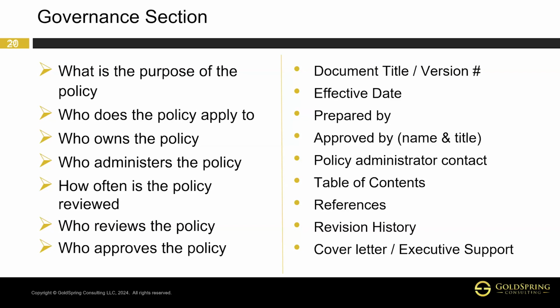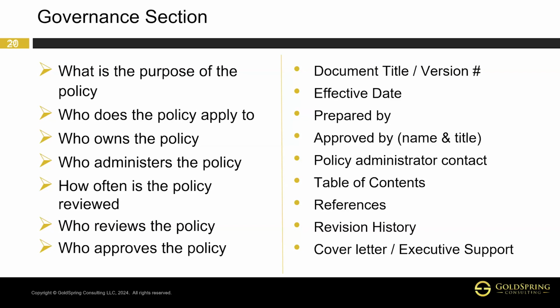Being compliant, providing a good experience for the travelers, cost control, et cetera, the 6 drivers. The governance section should outline who the policy applies to, who owns the policy, who administers the policy, how often the policy is reviewed, and who reviews the policy and who approves the policy, right? So all those things should be in the governance section.